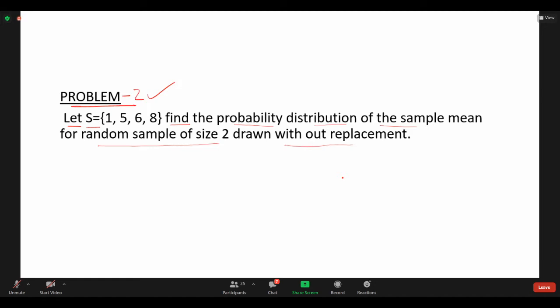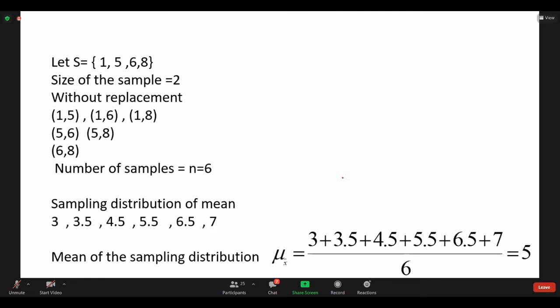We have to consider S as the population. S as population.